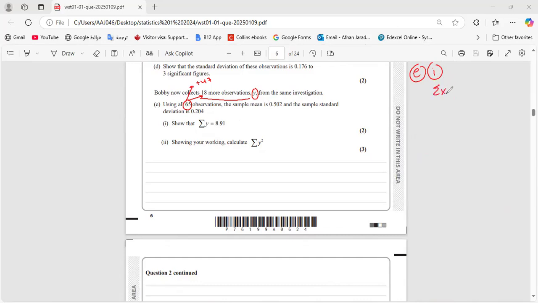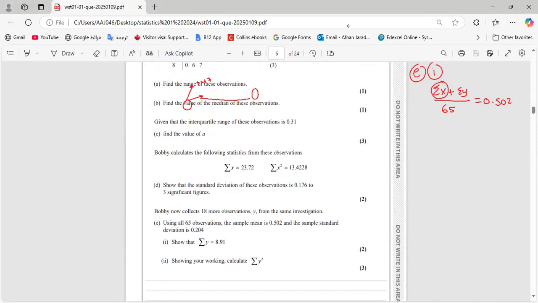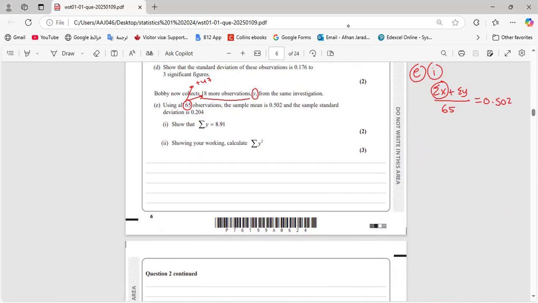So the sum of x plus the sum of y, over the total number of observations, 65, must equal 0.502. I have this one, which is here, to check it: 23.72. Yes, okay.